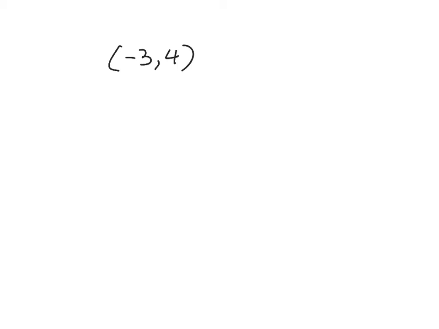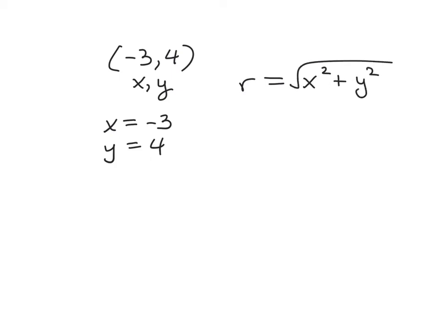So just like you did in Chapter 5, remember in your ordered pair, first number is x, second number is y. So x equals -3, y equals 4. Remember to find r. We did x squared plus y squared, and then we square root it. So same thing we did before, we're going to do in tonight's homework.